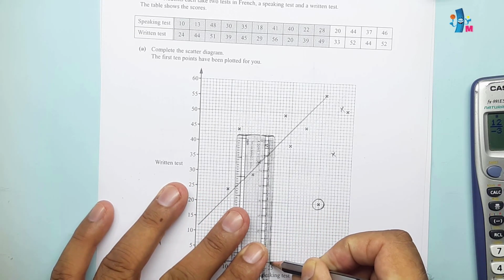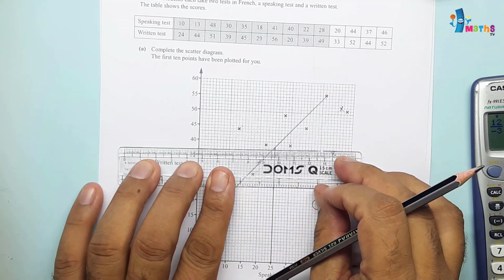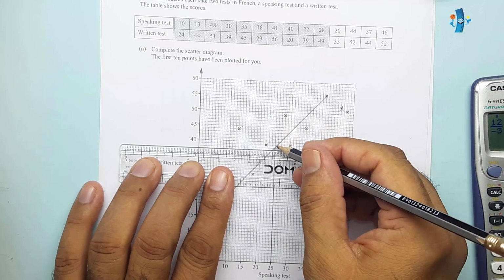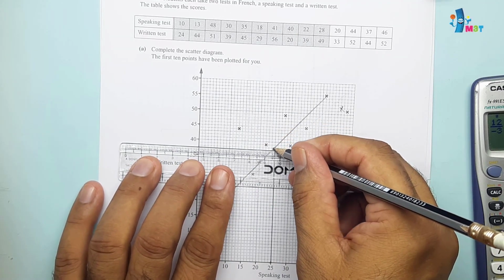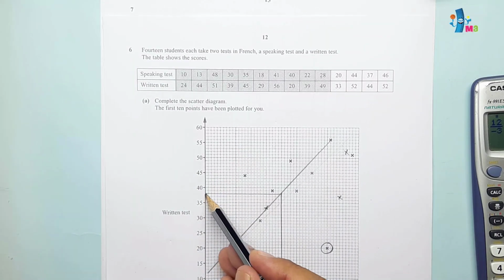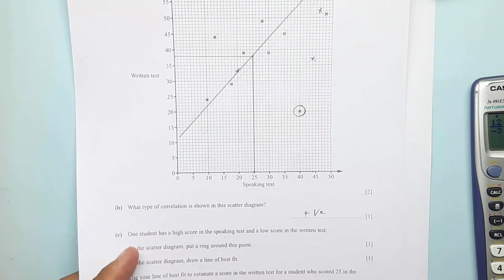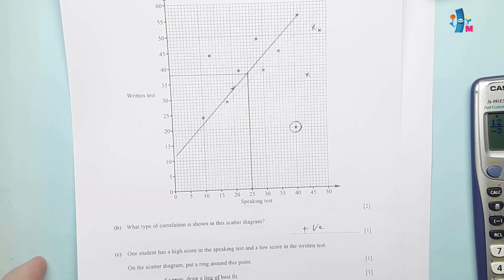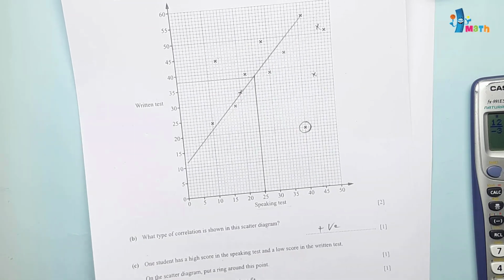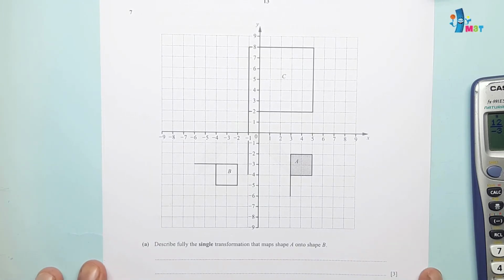So if we check for this one, I'm getting 38 basically over here, 38. So maybe you are getting a little one box above or down, so answer is always a range, so don't worry about that. Now this is question number 7.